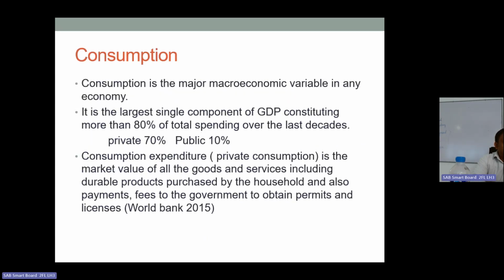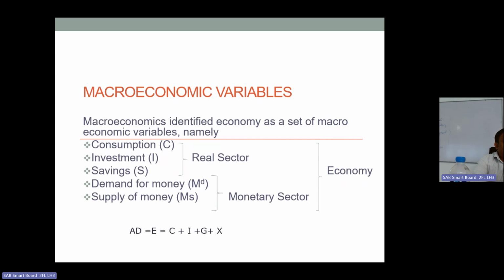Now we can identify the components of aggregate demand, the demand side factors. Consumption is the most important demand side factor. Why?